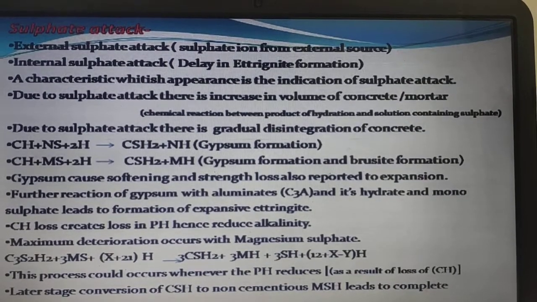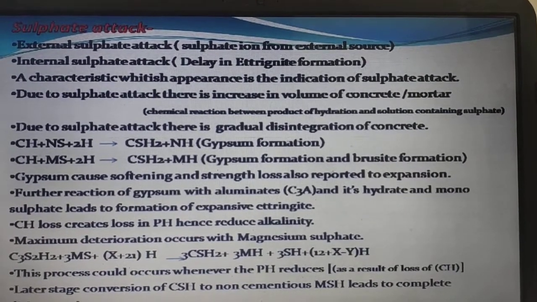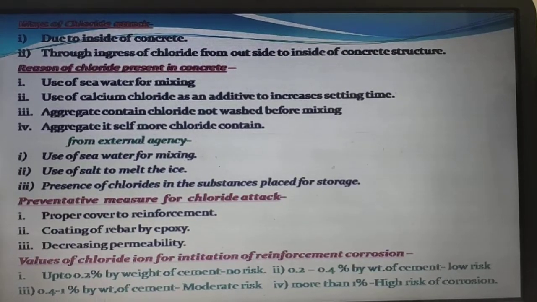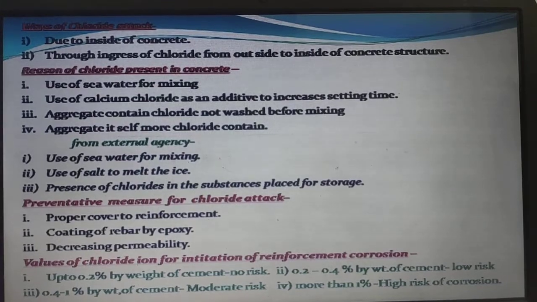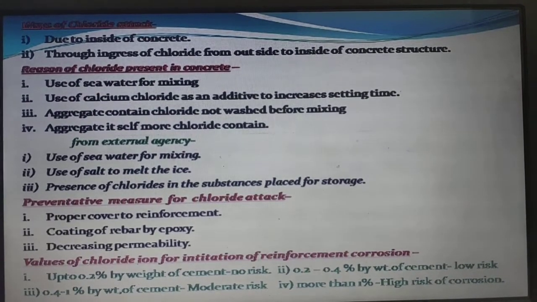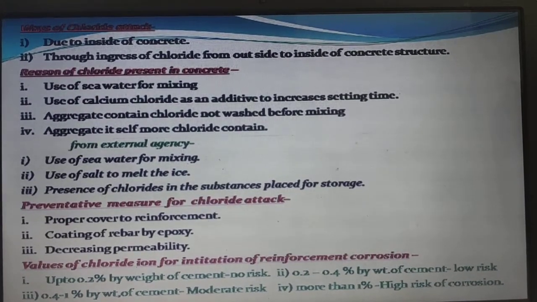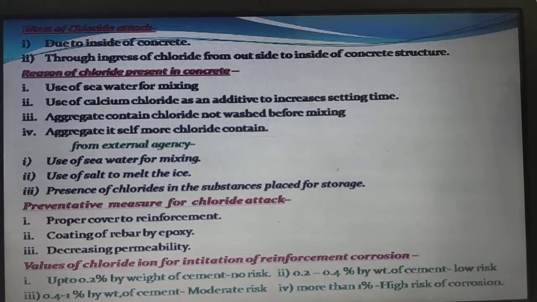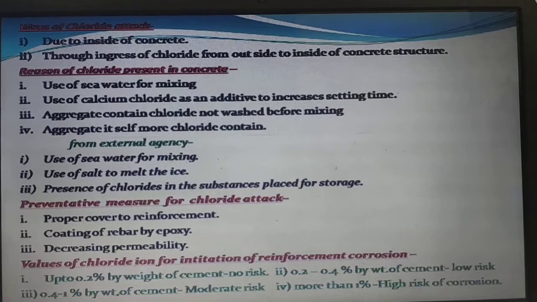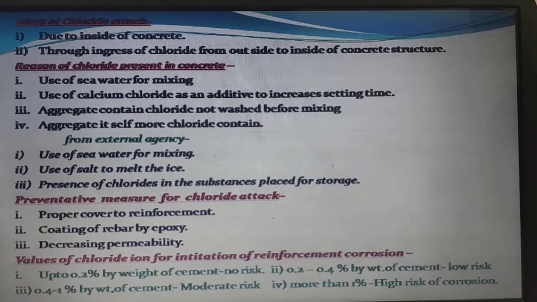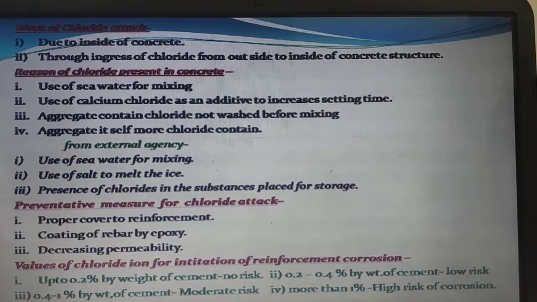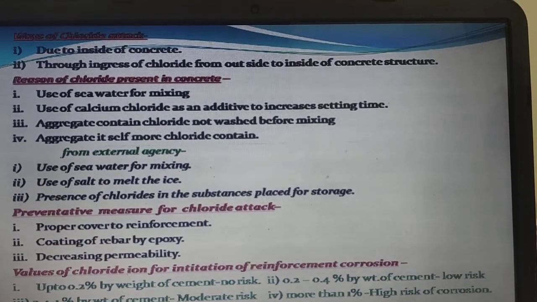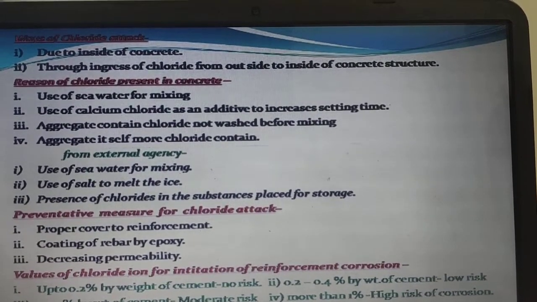So let's move to the next slide: ways of chloride attack. There are different ways of chloride attack. The first way is from inside the concrete: chloride present inside the concrete at the time of preparation can also cause chloride attack.